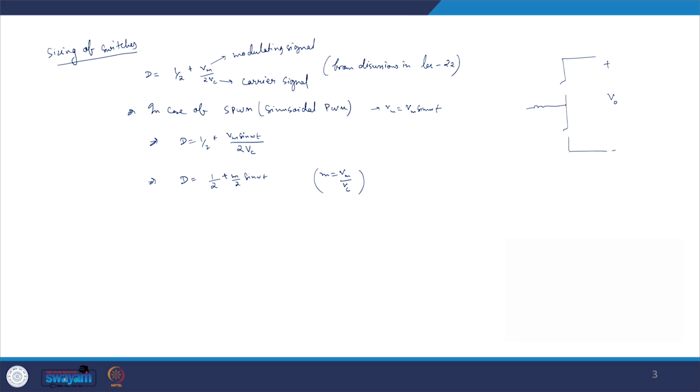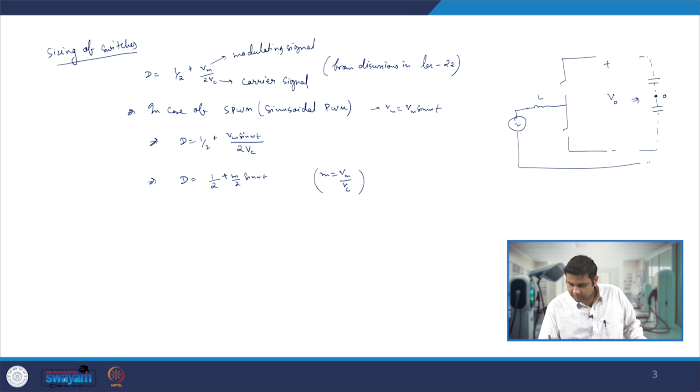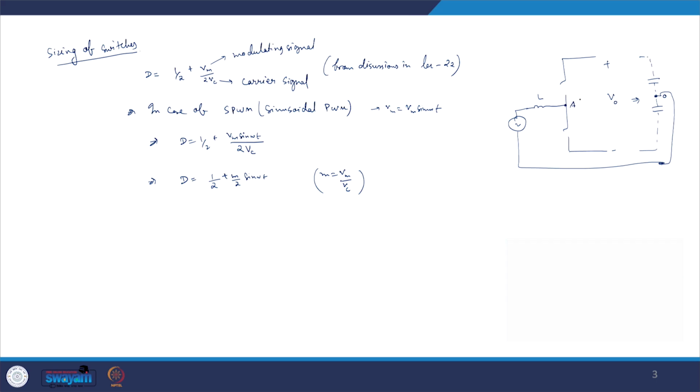Now we have the inductor and we have the source, and assume this source is with respect to the fictitious midpoint O. If this is A, I am only taking one of the half bridges because we assume that it is a balanced operation of the converter. So all the three phases will also follow the same pattern, obviously with a 120-degree phase difference.